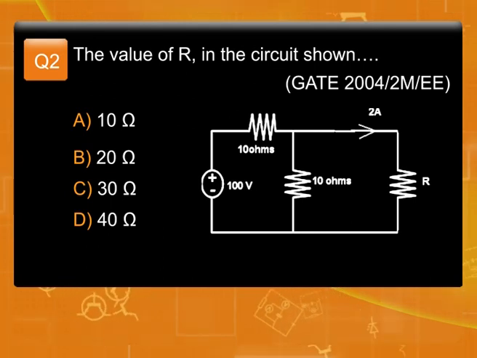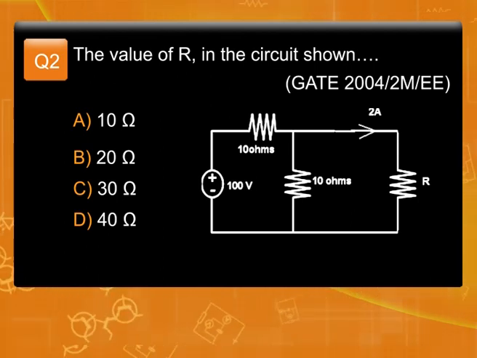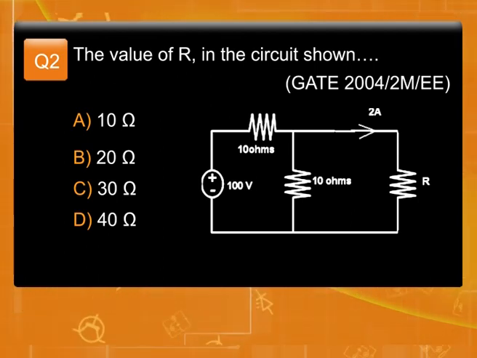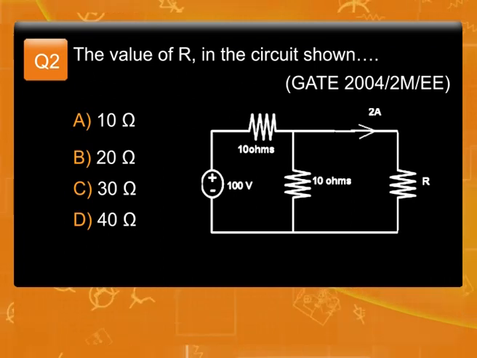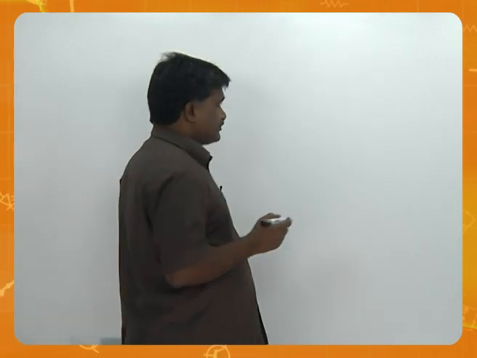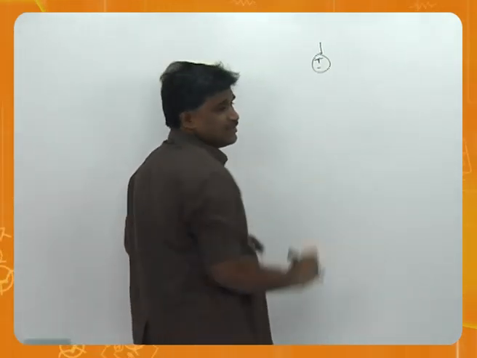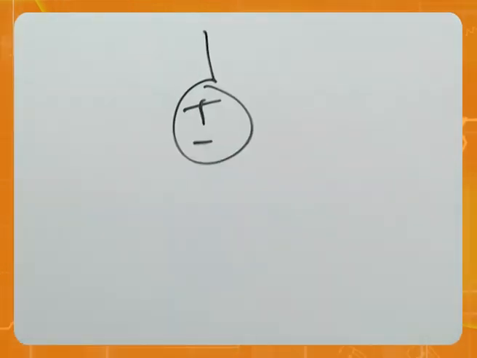So, look at the circuit. The circuit has a voltage source, resistors, and an unknown resistor we need to calculate. The options given are 10 ohms, 20 ohms, 30 ohms and 40 ohms. So, let me show you what exactly is happening here. This is a voltage.